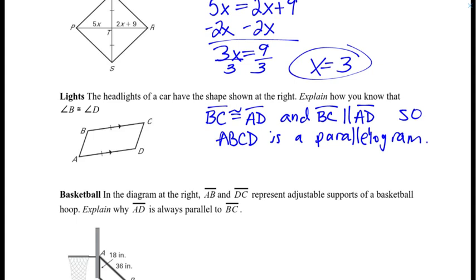Now that we have basically proven that it's a parallelogram, now we can go ahead and say that angle B and angle D are congruent because they are opposite angles in a parallelogram.